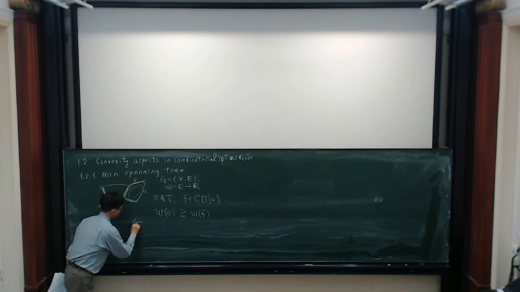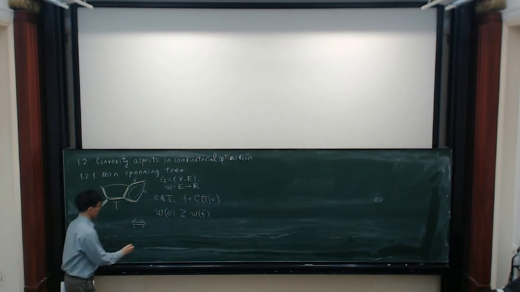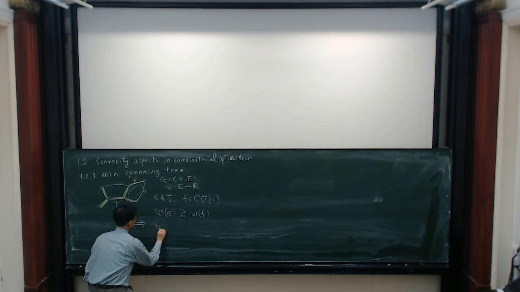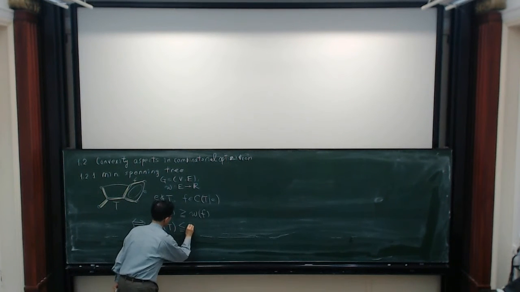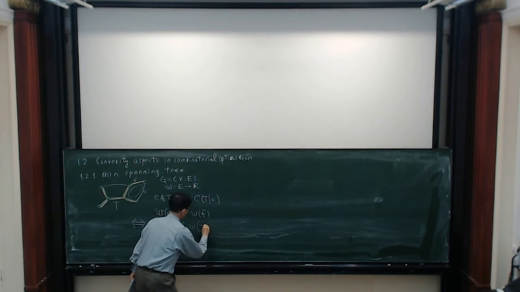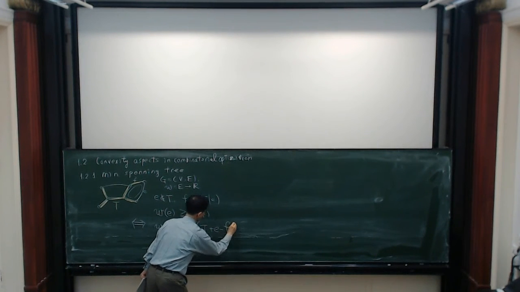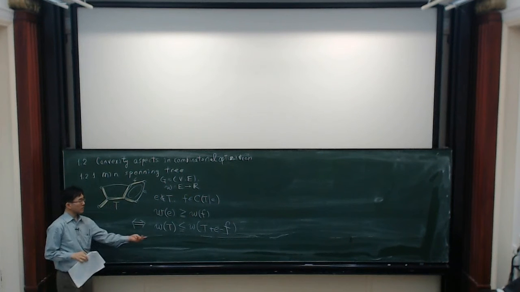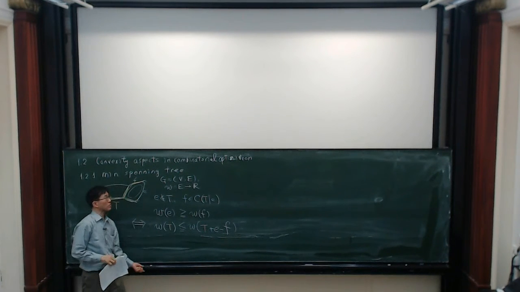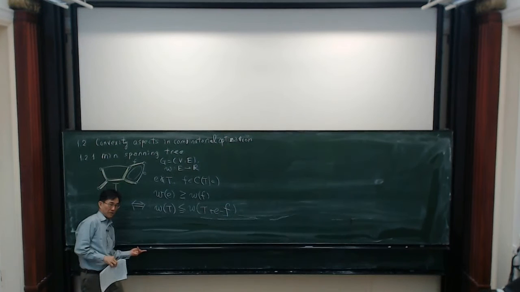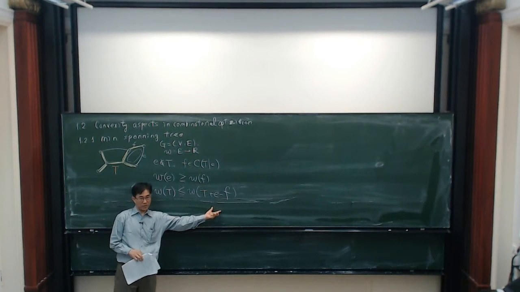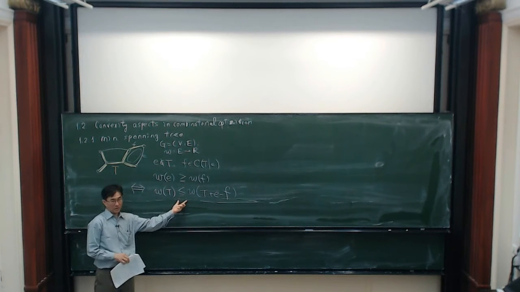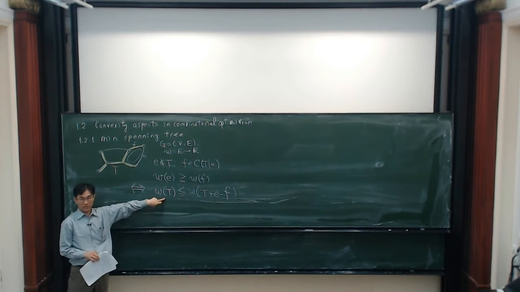But alternatively, we could write it in this way. Weight of T is smaller than or equal to weight of T plus E minus F. This is another tree, but close to T. So in a sense, a neighboring tree must be worse or equal to your tree.